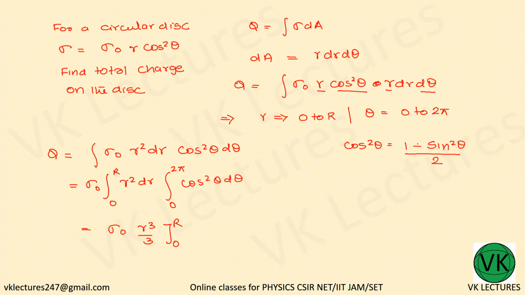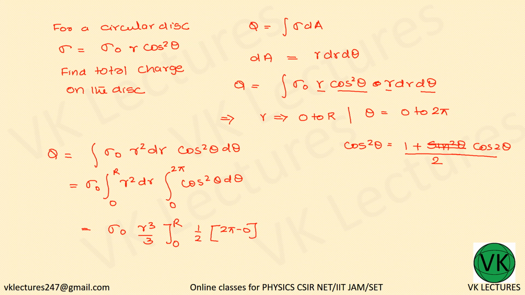That is cos square theta equals 1 plus cos 2 theta by 2, and the integral of cos 2 theta from 0 to 2 pi gives us 0, so we have 1 by 2 times 2 pi minus 0.